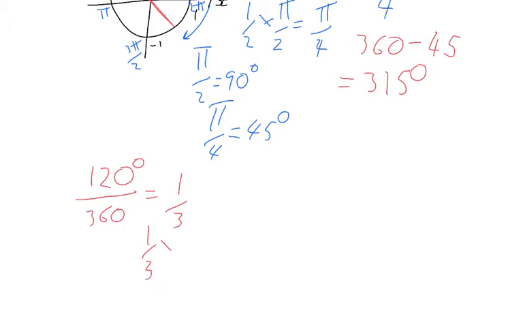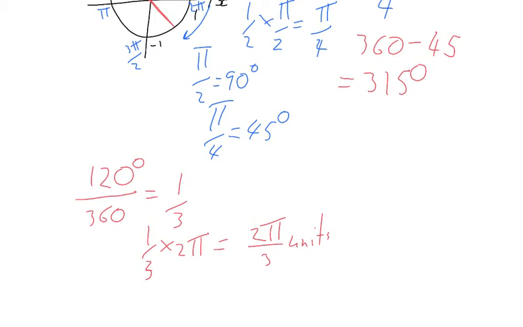A third of 2 pi equals 2 pi on 3 units, because it's a distance around the Ferris wheel. So if the Ferris wheel had gone 120 degrees around, it's gone 2 pi over 3 units around, because we're talking in terms of circumference here, because the circumference of the circle is 2 pi, as we're assuming that the radius is 1.